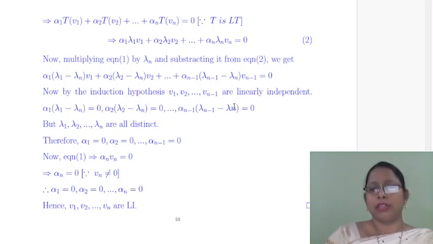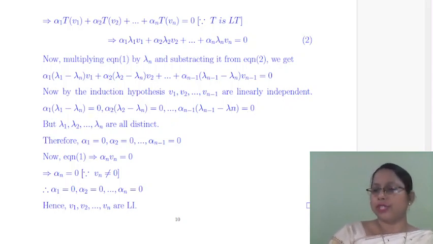Since lambda 1, lambda 2 up to lambda n are n distinct eigenvalues of the linear operator T, these differences lambda 1 minus lambda n, lambda 2 minus lambda n up to lambda n minus 1 minus lambda n are not 0. The only option is alpha 1 is 0, alpha 2 is 0, up to alpha n minus 1 is 0.